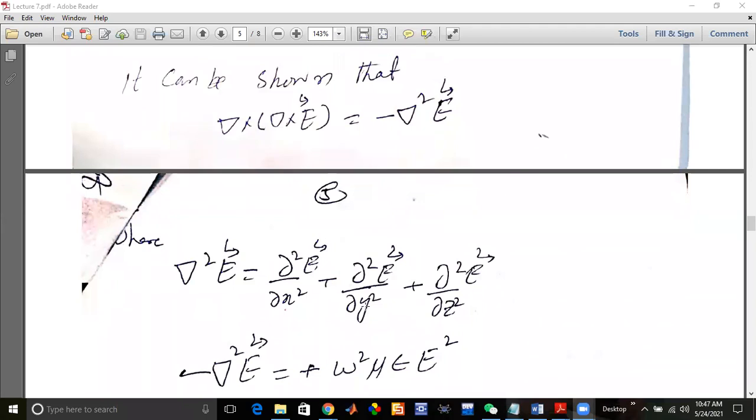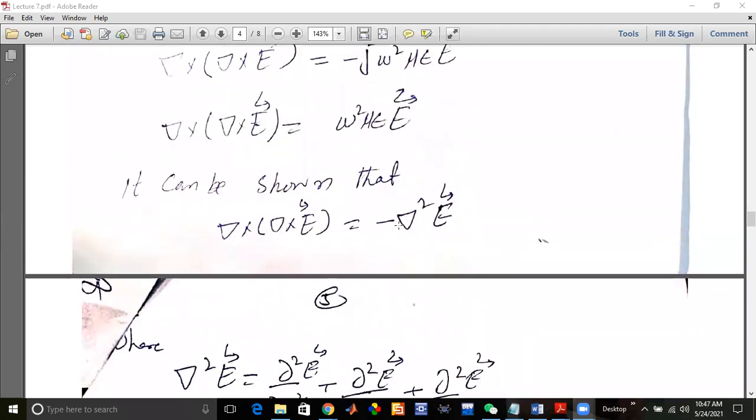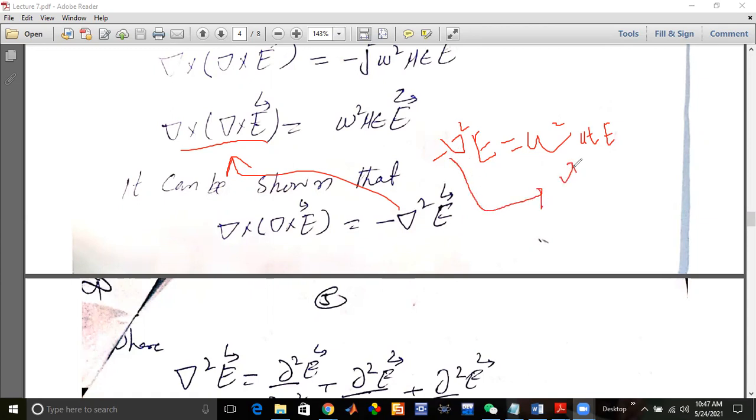So here, if we replace this quantity by this, it will give us minus del square E is equal to omega square mu epsilon E. When we move this quantity here, it becomes plus.